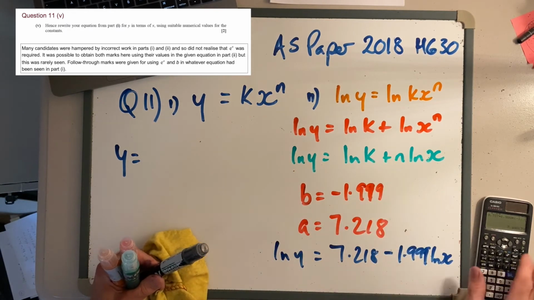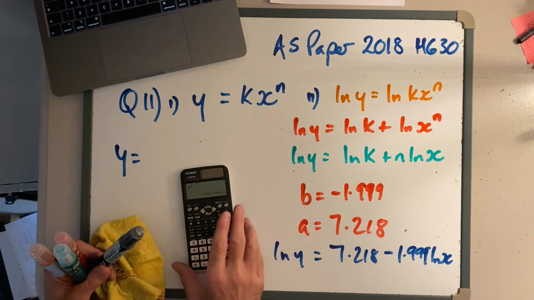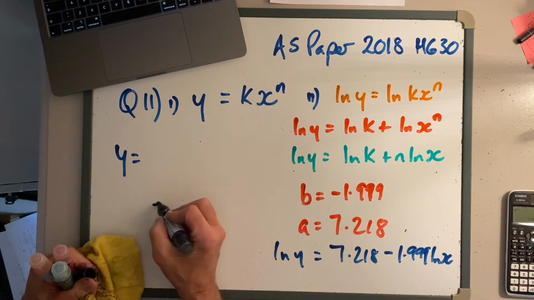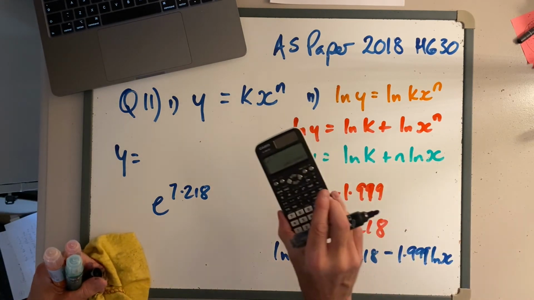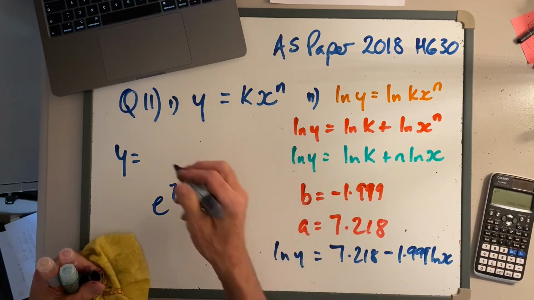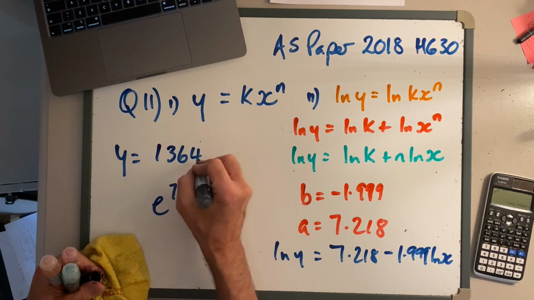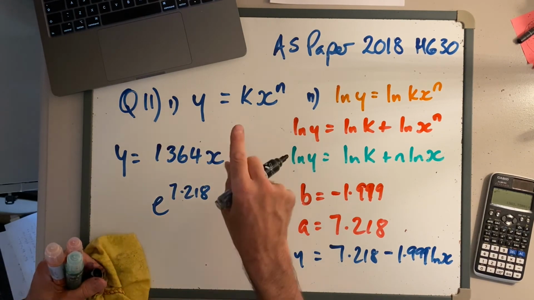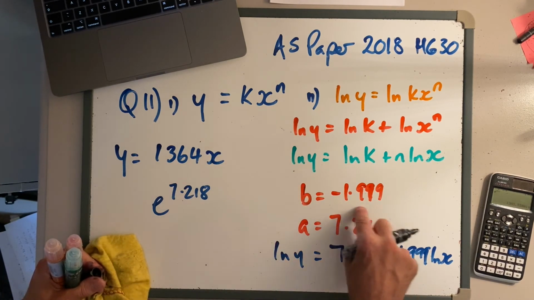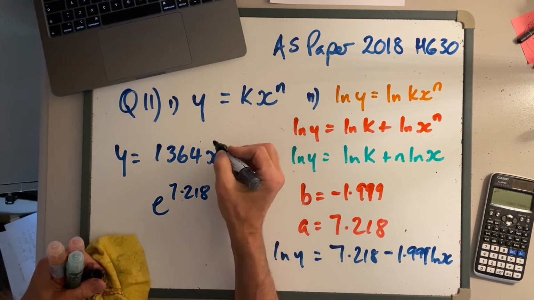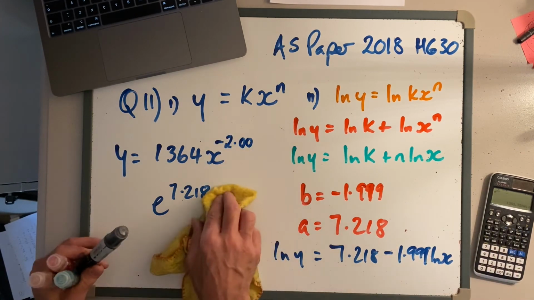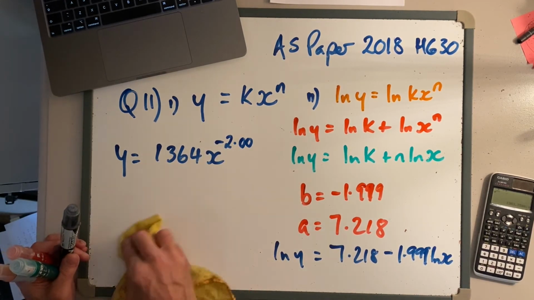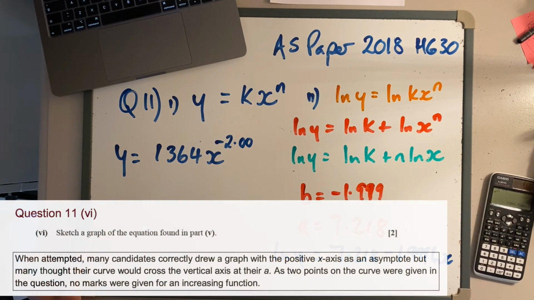Ln k equals this. So therefore, e to the 7.218, that gives me my k value of 1364 x, and that was my b value, which I've got as that, so I'm just going to say is minus 2.00, and that should be sufficient. That should be sufficient. Yeah, good.